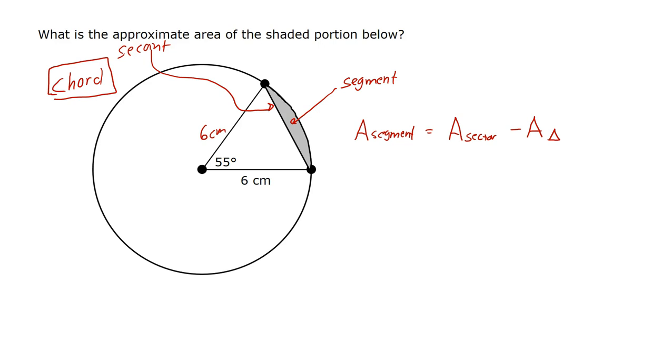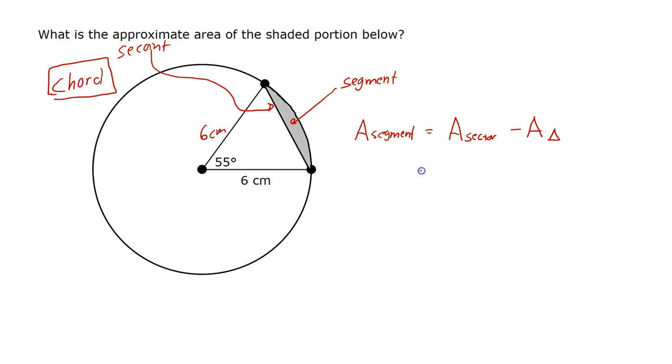Both of these calculations are fairly simple, especially if you've worked on using the trigonometry to find areas. There's work you could do to figure out the area of the triangle, but it's a lot easier if you just use the one formula, because we do have two sides and the included angle.